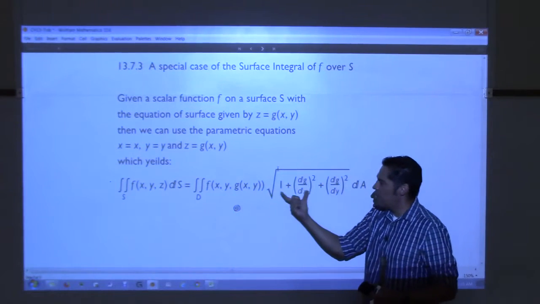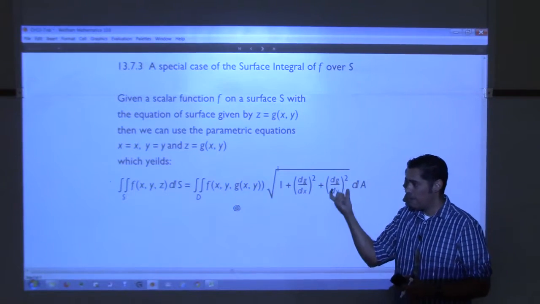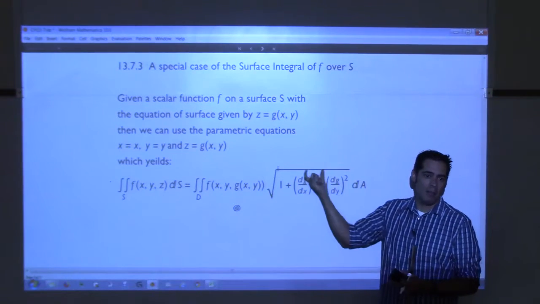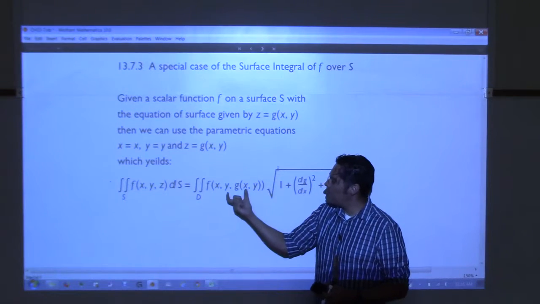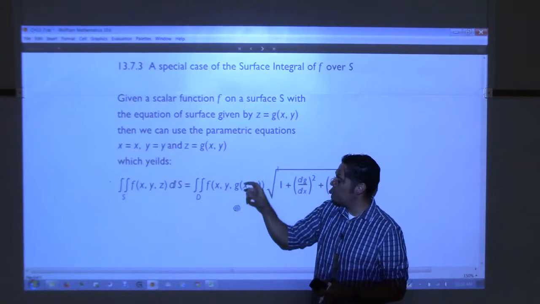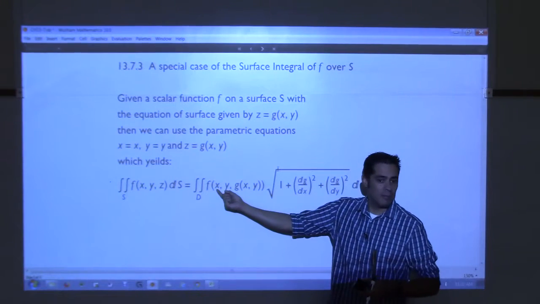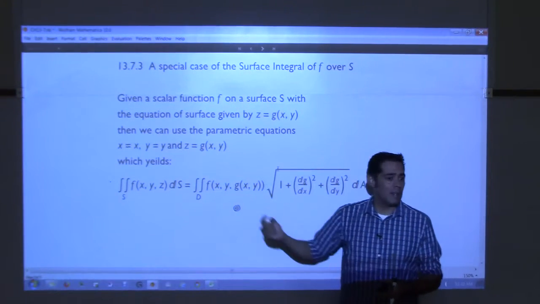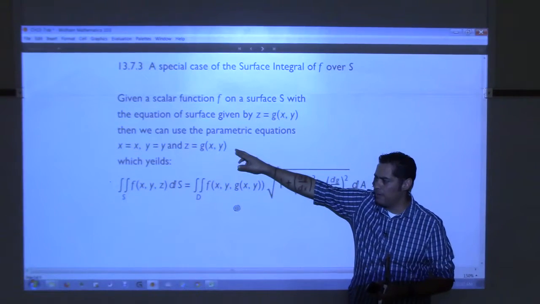The magnitude of the cross product now becomes this, the little shortcut that we get. And our scalar function, instead of evaluating along the vector function r of uv, we leave all our x's and y's alone, but our z will be turned into the function that we're given.